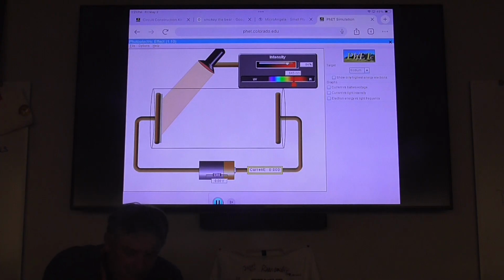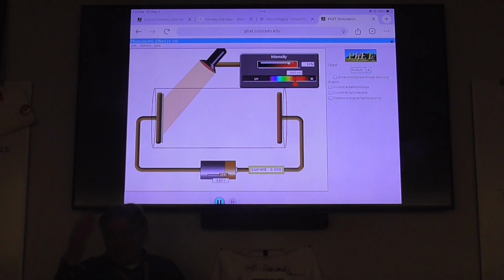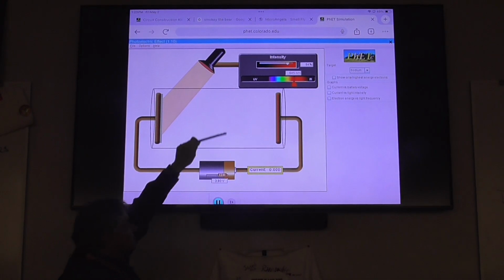Now, down here at the bottom, this is where you can alter the voltage across the plates. If you go to a positive voltage, like I changed this to 3.8, this is going to make the right side positively charged, and it'll show you that.